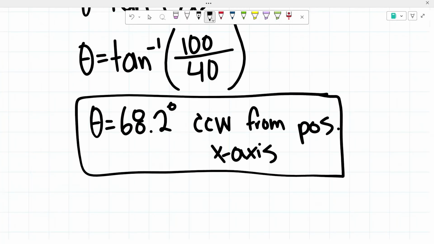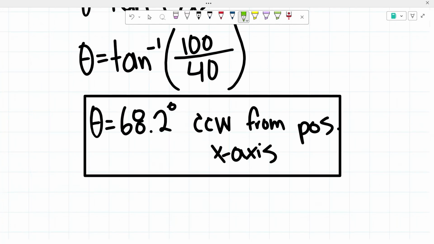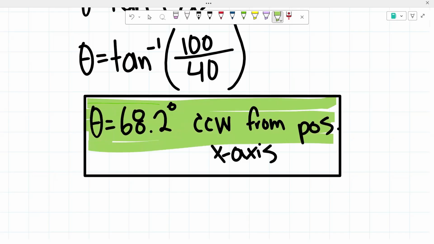And now we have finished finding the equivalent resultant force, because remember in the previous steps, we found the magnitude of that equivalent resultant force, but we also had to find the direction. So this is our direction. 68.2 degrees going counterclockwise from the positive x-axis.